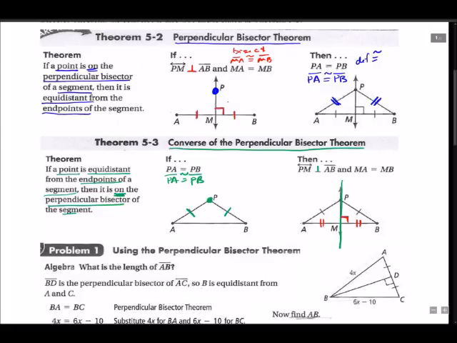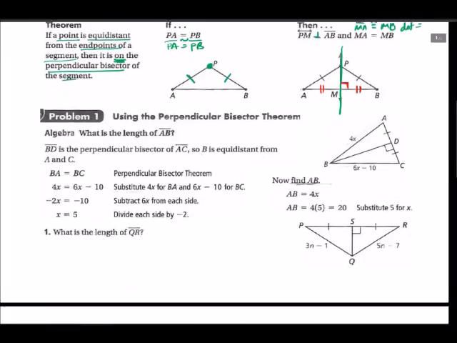Segment MA is congruent to segment MB. Again, definition of congruence here. Well, what does this do for us? We can use it to do algebra.